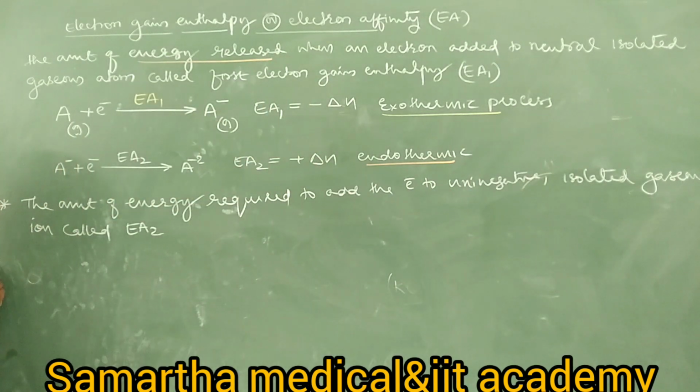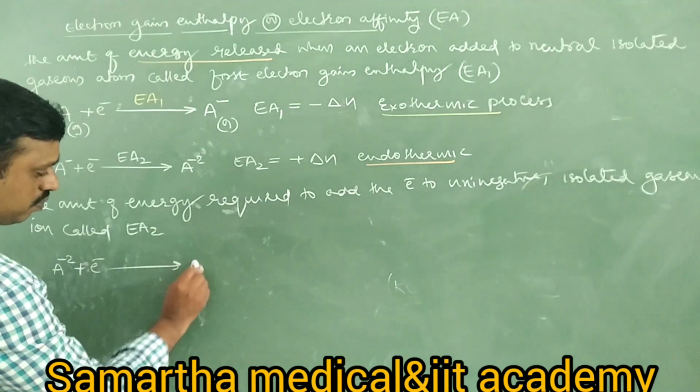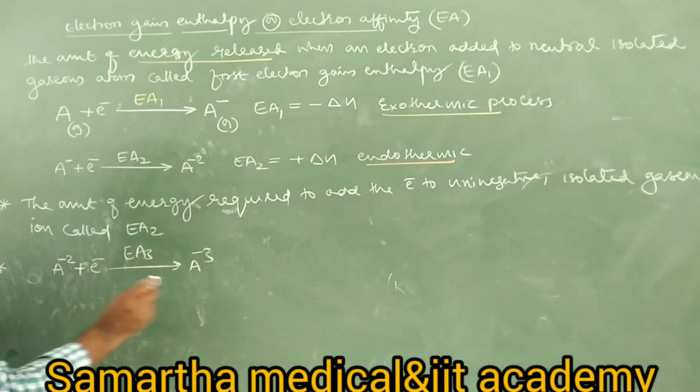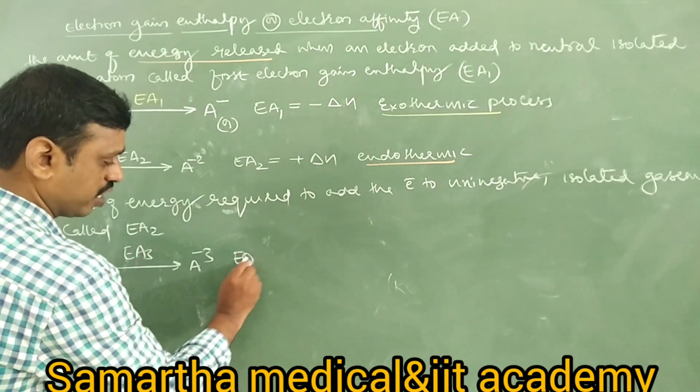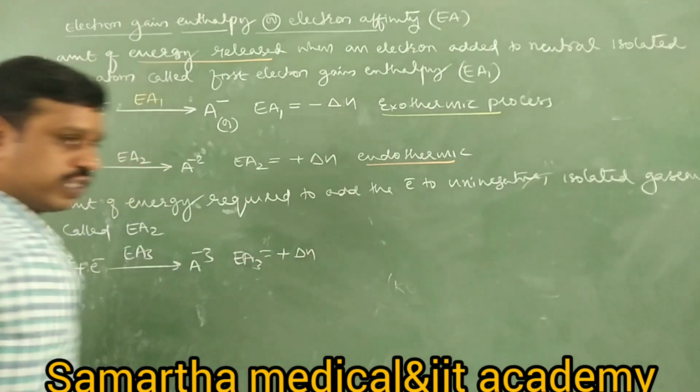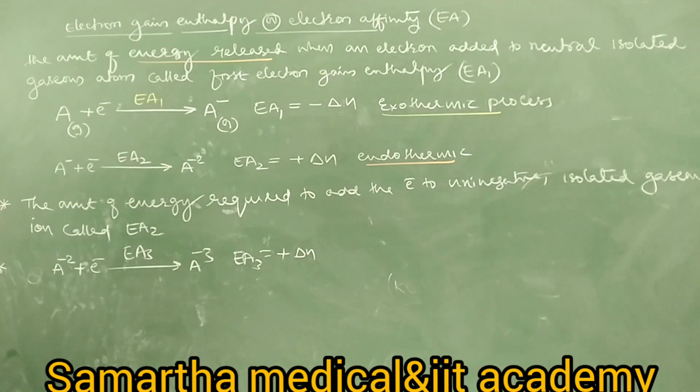Now similarly, what is EA3? For EA3, take A minus 2, add another electron, and it becomes A minus 3. Tell me, is EA3 endothermic or exothermic? It is also endothermic. Then how do you define EA3?